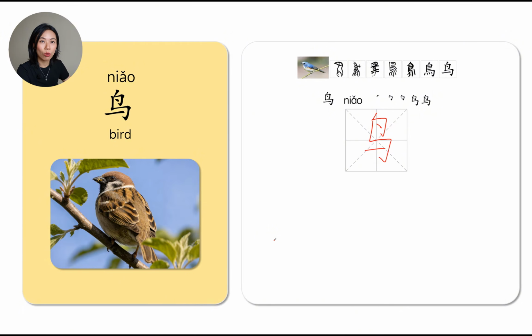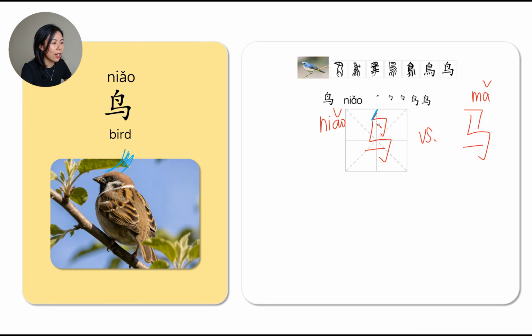Let's try to write the horse again so we can see the difference. The horse, 一二三. Okay, 这个是马, 这个是鸟. The 鸟 has one more dot in here. You can see it as the crown of the bird.